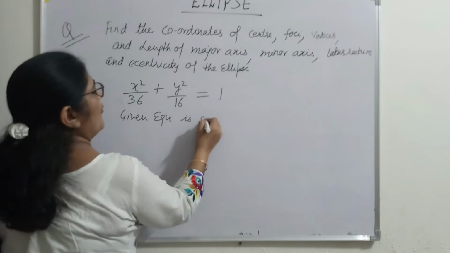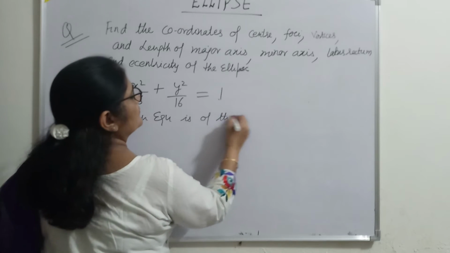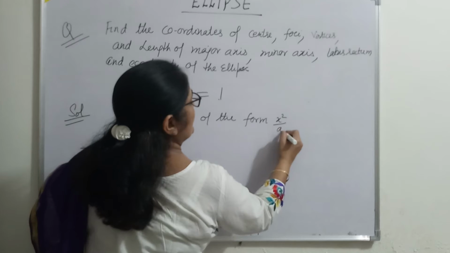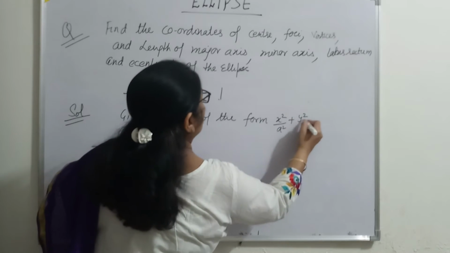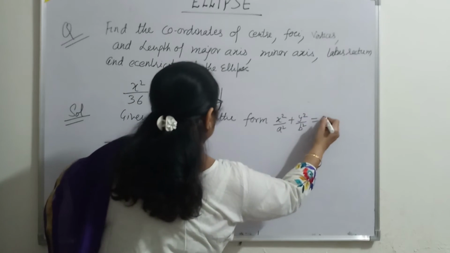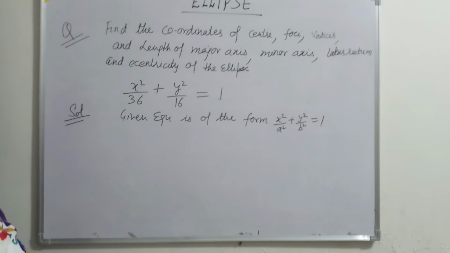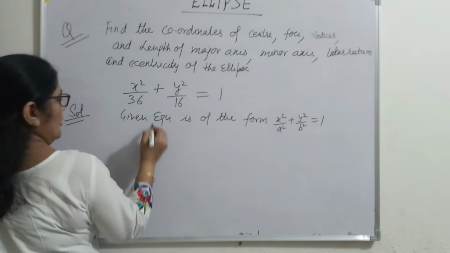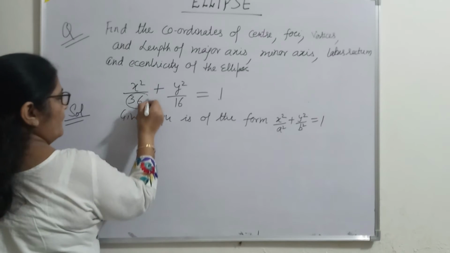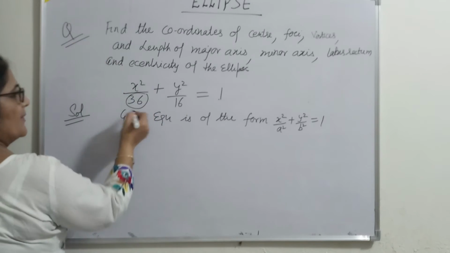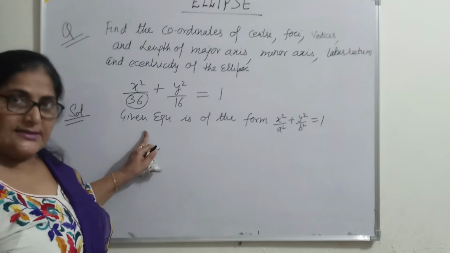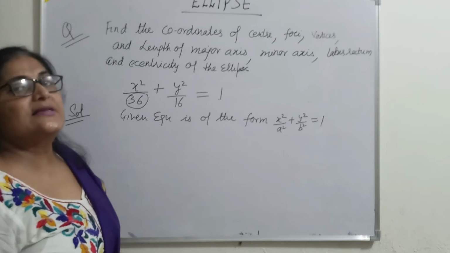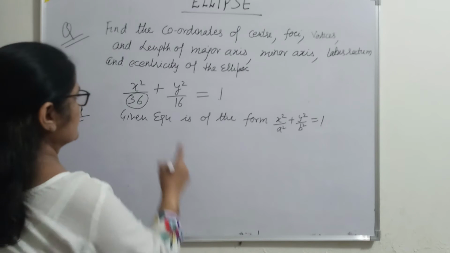The denominator of x square by 36 is larger, so the major axis lies along the x-axis.